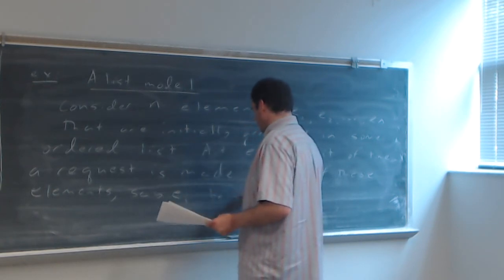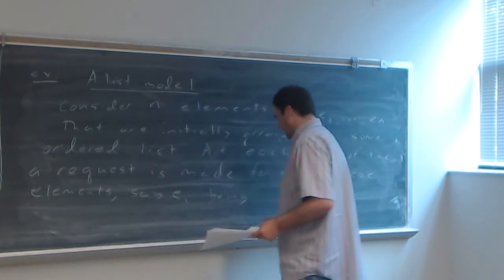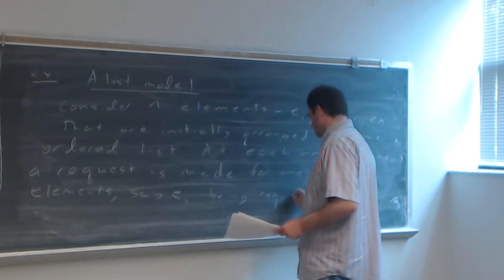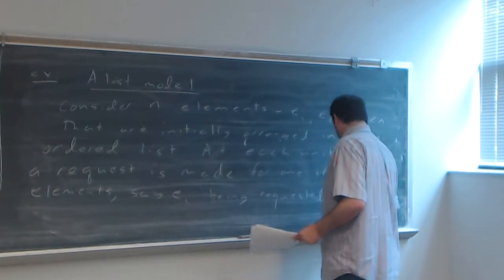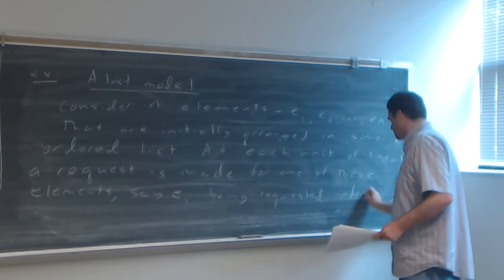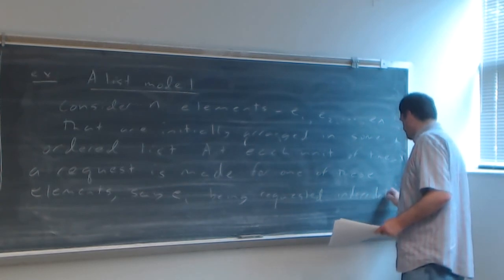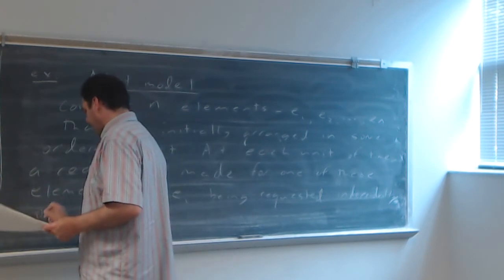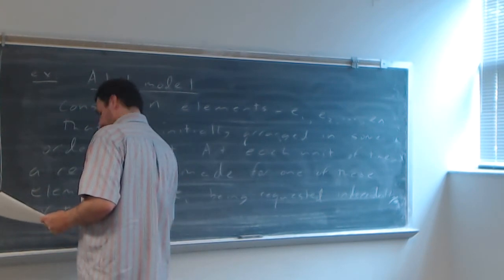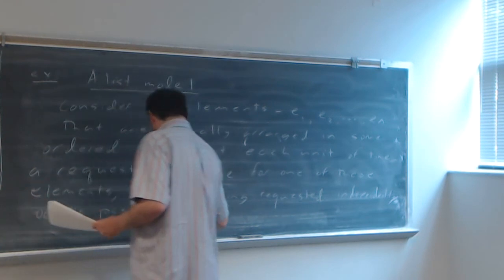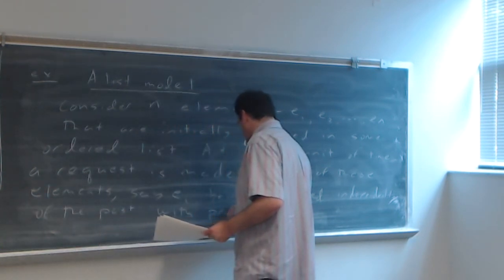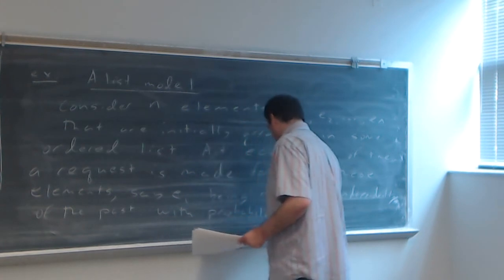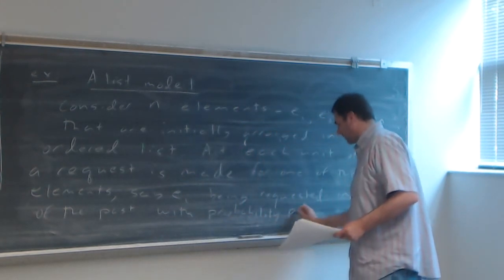And whichever element can be requested, that's being requested, independently of the past with probability. So for each one to be requested, for each individual one, it has a probability of P sub i.